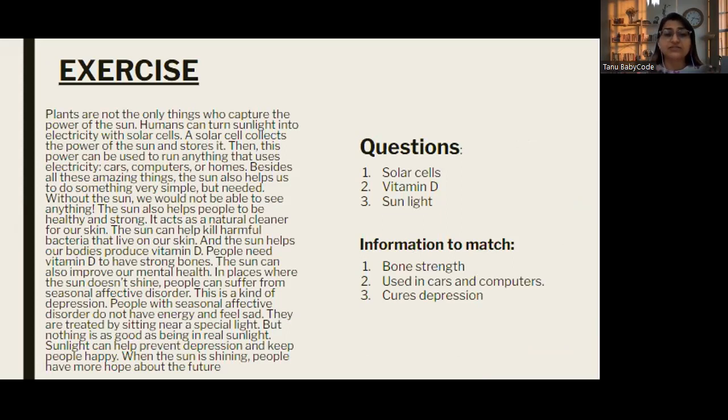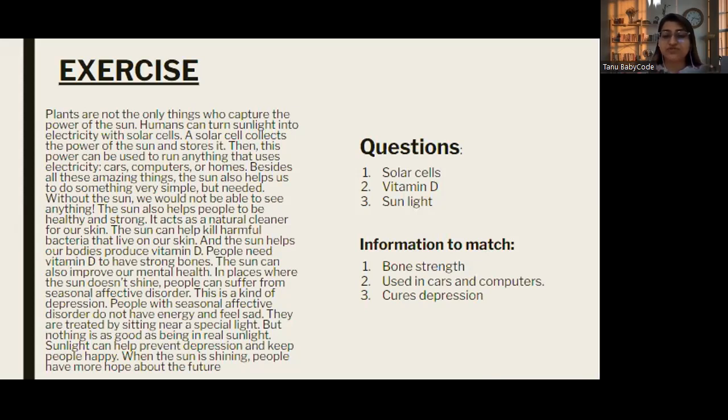Here is the exercise on my screen. I want you to read the questions first and then start reading your paragraph. It can be anywhere, so scan it very quickly. The question says solar cells, so the information to match is three items: solar cells, vitamin D, sunlight.